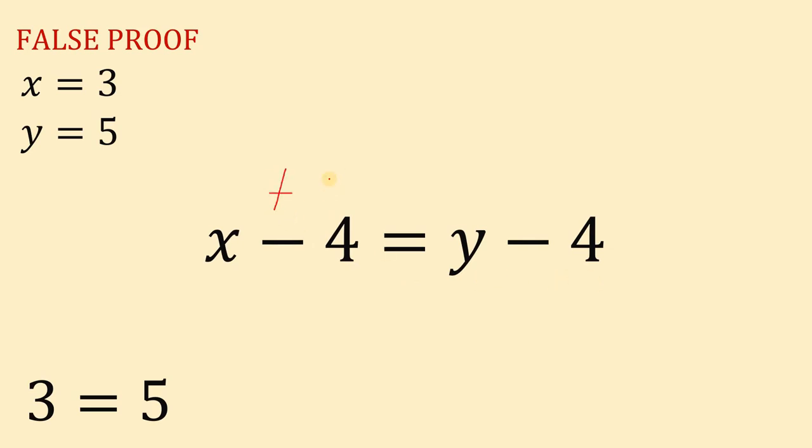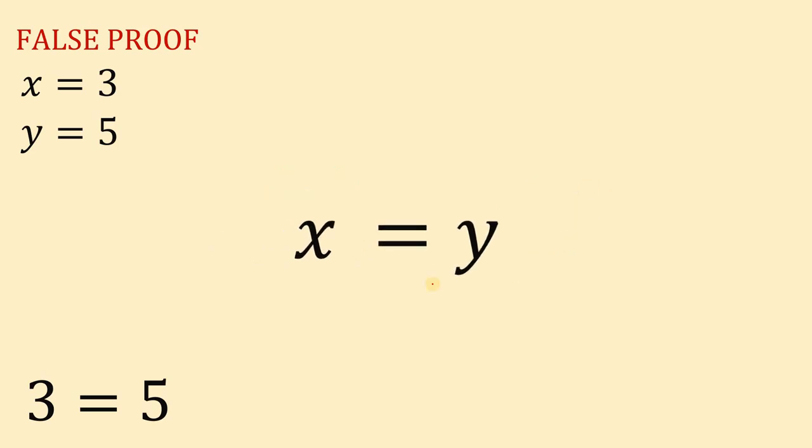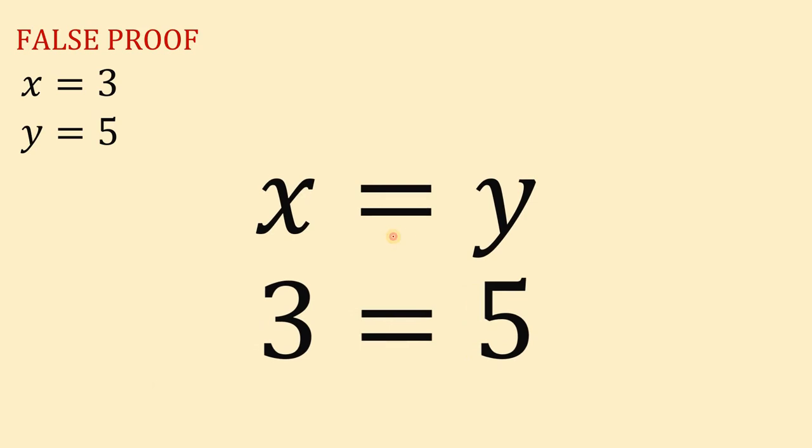Now, let's add 4 on both sides. If we do that, we cancel out negative 4 and positive 4, and negative 4 and positive 4. This will give us the value of x must be equal to y. And take note, from the start, we set that x equals 3 and y equals 5. Therefore, is 3 equal to 5?